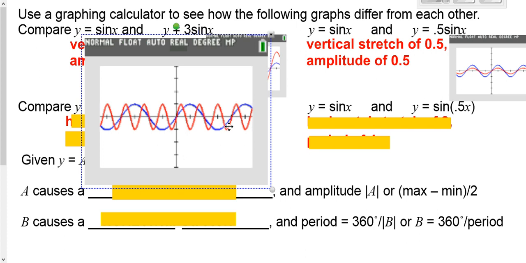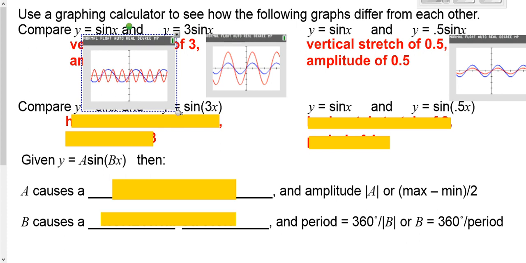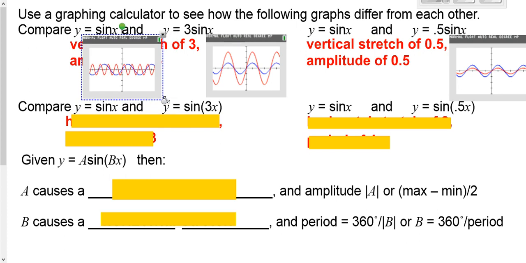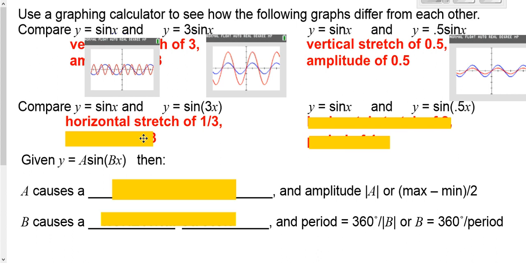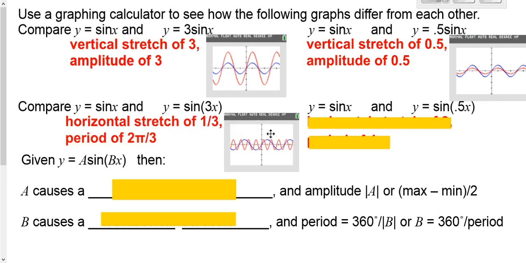So that means we have 3 times as many periods, or our period is 1/3 as much. It actually does a horizontal stretch of 1/3. So that means our period is less. Our period, instead of being 2 pi, is 2 pi over 3, because 2 pi times 1/3, because it's a horizontal stretch of 1/3, is 2 pi over 3.